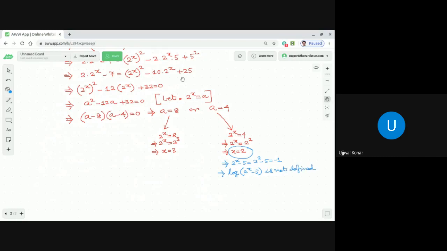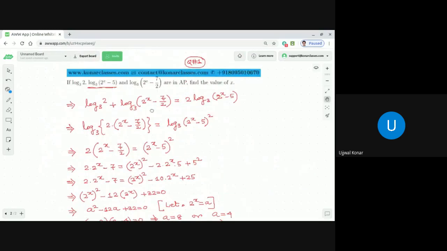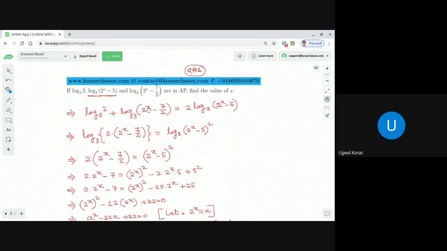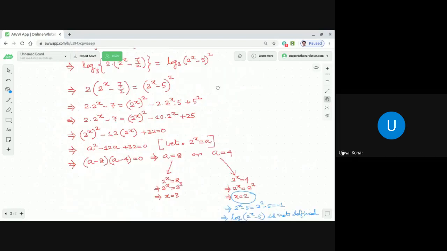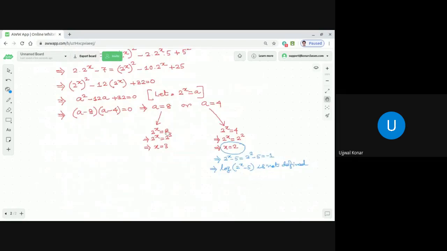Please remember, we touched base on logarithm: the log of a negative number has no meaning. When you discuss functions, you'll find there is something called domain. Log of a negative number doesn't make any sense. Hence, x equal to 2 is not an acceptable solution, and the only acceptable solution is x equal to 3.